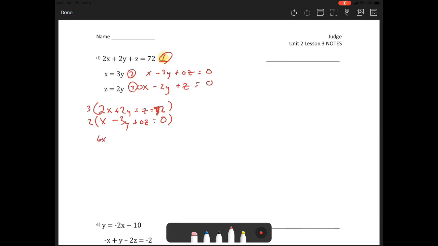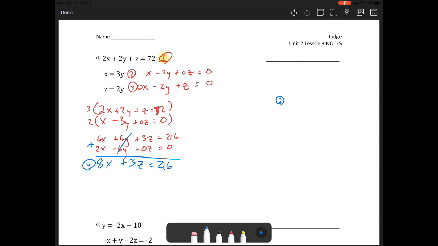So that's going to give me 6x plus 6y plus 3z equals 216. And then I'm going to have 2x minus 6y plus 0z equals 0. Which means I'm going to end up with 8x, cancel my 6's, plus 3z equals 216 as my fourth equation.